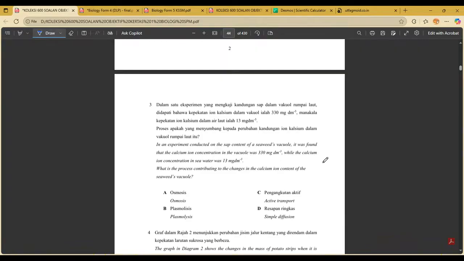Transportation across the plasma membrane, inside high and outside low. So the seaweed vacuole somehow has high concentration inside, and that's active transport.